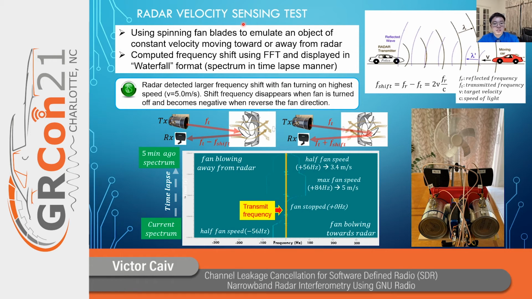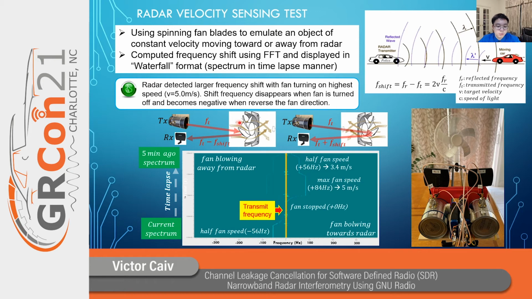So you can just tap off of one of the MFCW channels and then find the frequency shift for the Doppler. So in our case, we're using a fan here in our setup. We're using a fan with the metal tape on it, which emulates an object of a constant velocity that is either moving toward or away from the radar.